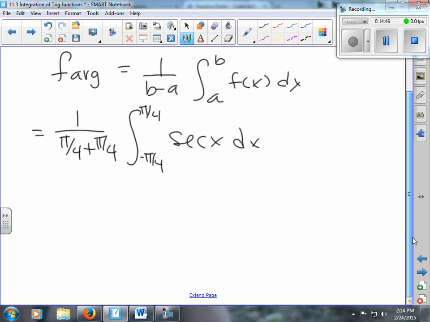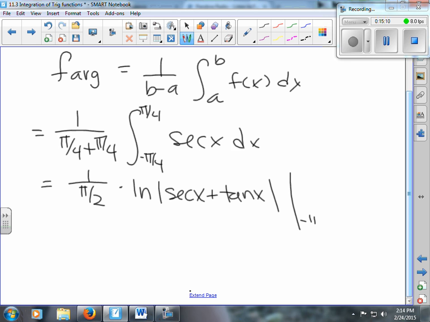Okay, and so now I need to do the antiderivative of the secant of x. So this is pi fourths plus pi fourths is 2 pi fourths or pi halves, so 1 over pi halves. What's the antiderivative of secant? Well, if you look in your formula, it's the natural log of the absolute value of secant x plus tangent x. Now, this is not a plus c because we have a definite integral. We're going from negative pi fourths to pi fourths.